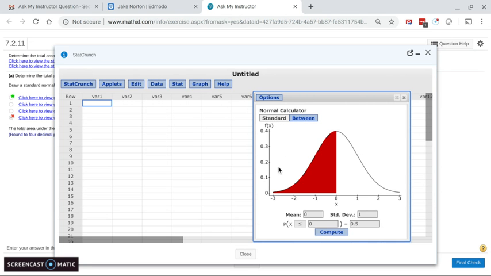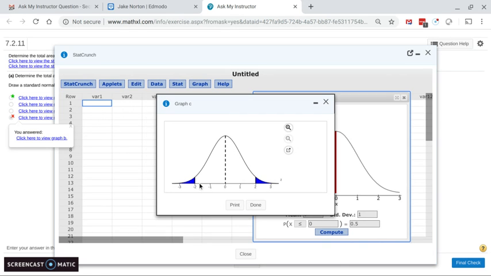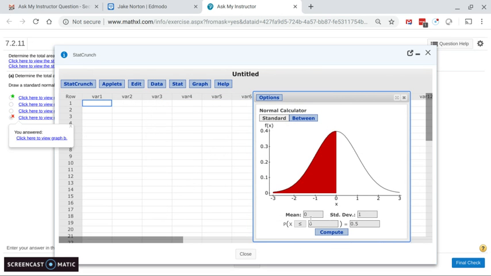But one way to do it is to say, given the symmetry, and if we look back here, because of the symmetry of the normal curve, this space should be equal to this space, okay? So what I can do is either find this space or this space and then just double it.